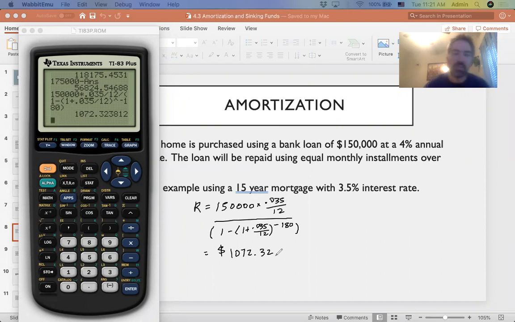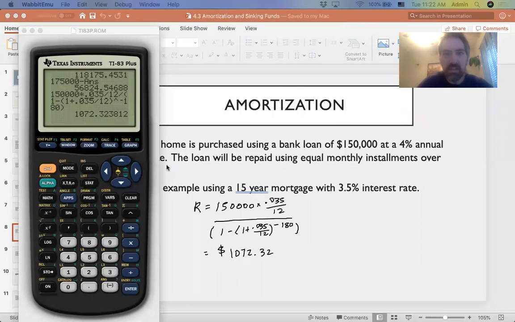But let's see what that's going to do to the amount of interest that we pay over the life of the loan. How much interest are we going to pay over the life of the loan? This is how much we're paying per month times 180 months.